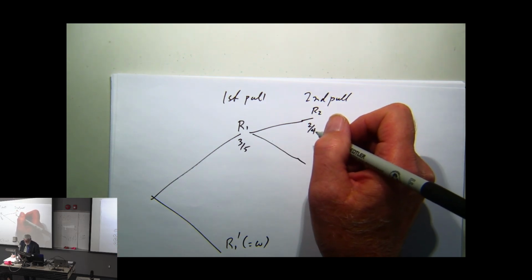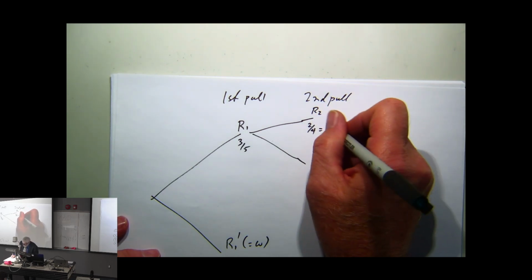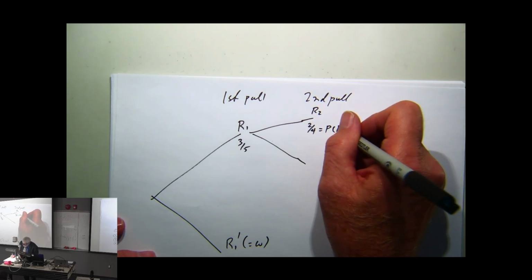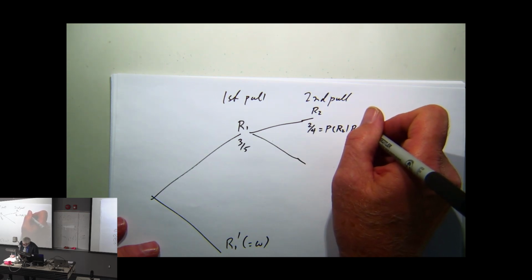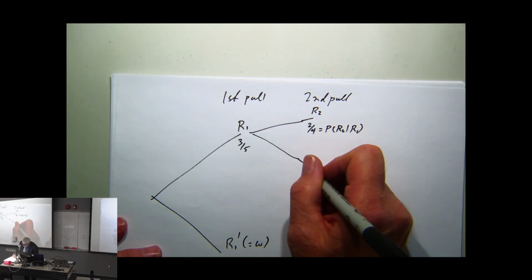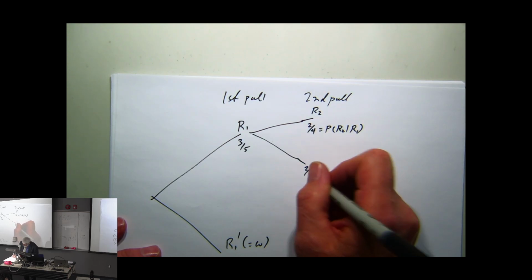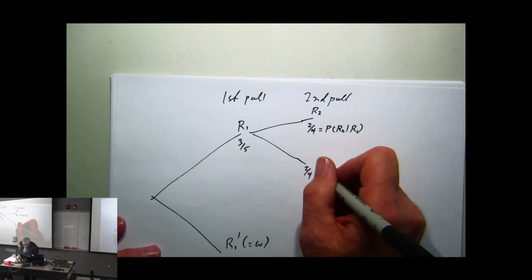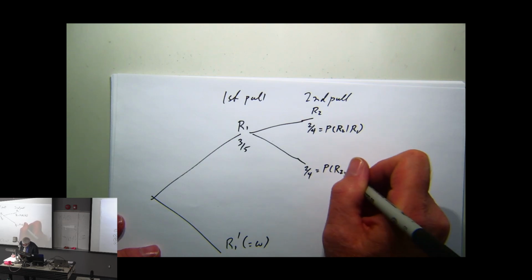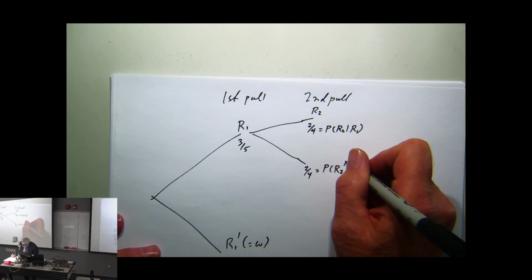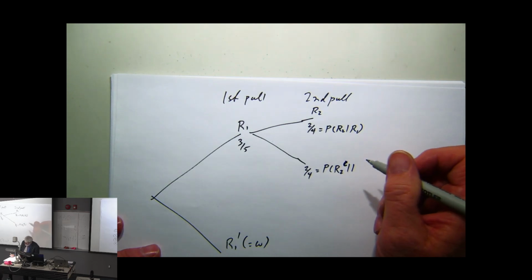There's only 2 red balls left and only 4 balls left, so that was the probability of R2 given R1. And the probability of not getting a red on the second, in other words a white, was 2 out of 4, which was the probability of not R2. I'll use a little c.